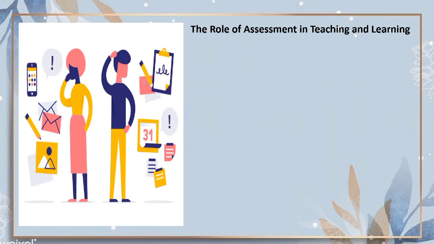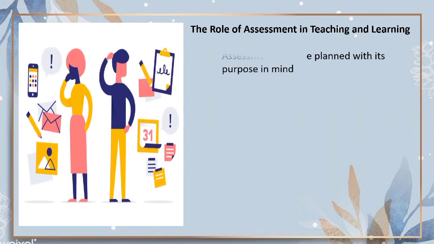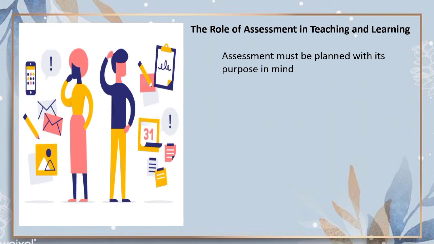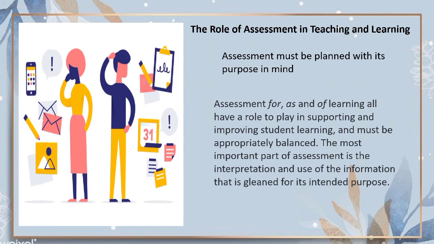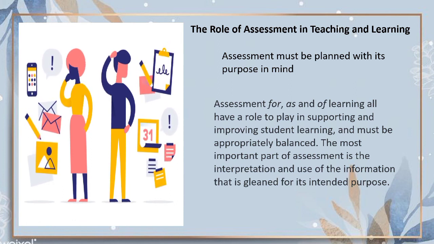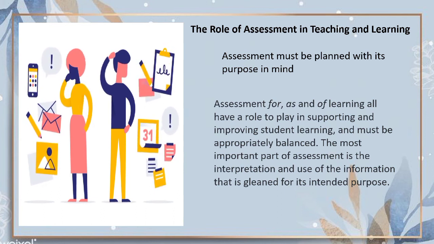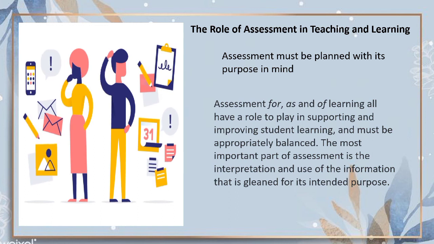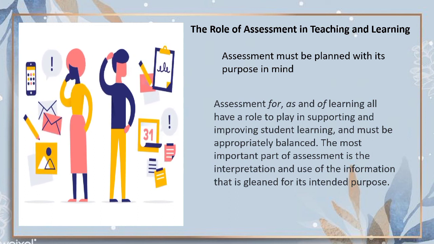And now let's talk about the role of assessment in teaching and learning. Assessment must be planned with its purpose in mind. Assessment for, as, and of learning all have a role to play in supporting and improving student learning and must be appropriately balanced. The most important part of assessment is the interpretation and use of the information that is gleaned for its intended purpose.